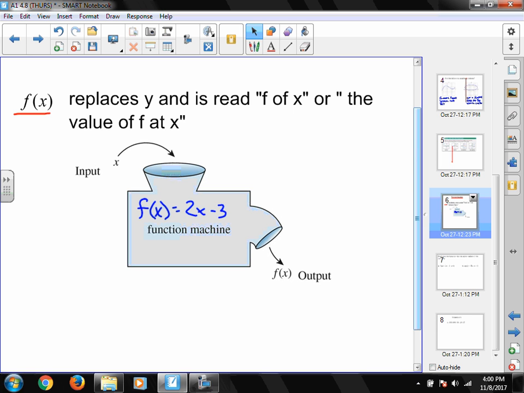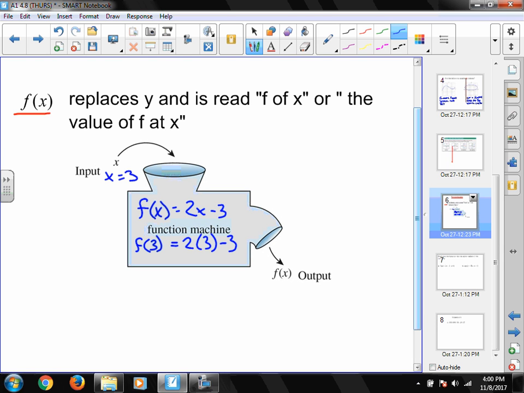Well, I know that if I say instead I put in x equals 3, okay? This works the same way where everywhere you see an x, you're going to insert a 3. So you're going to put f, the value of f at 3 is going to be 2 times 3 minus 3.